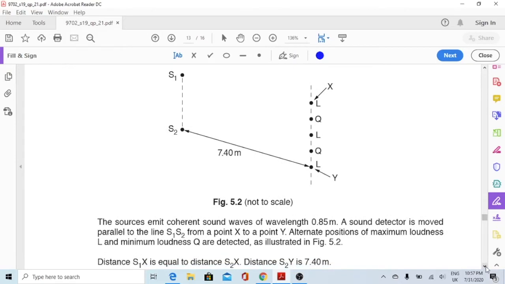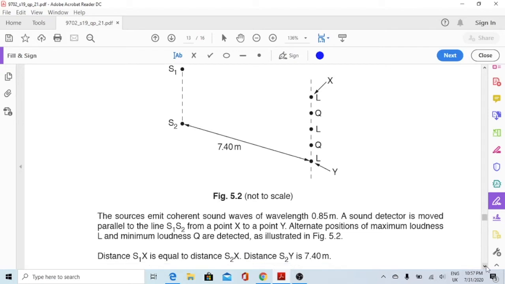A sound detector is moved parallel to the line S1S2 from a point X to a point Y. So these were the positions taken by the sound detector: L, Q, L, Q, L. These five were the positions. Alternate positions of maximum loudness L and minimum loudness Q are detected as illustrated in figure 5.2.